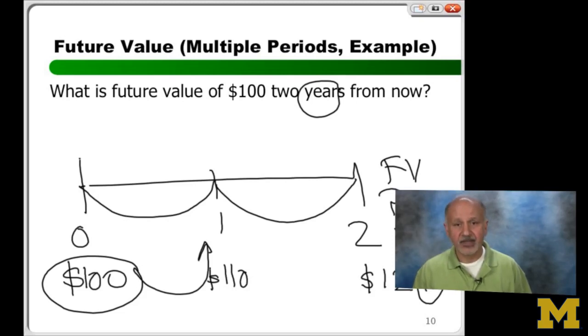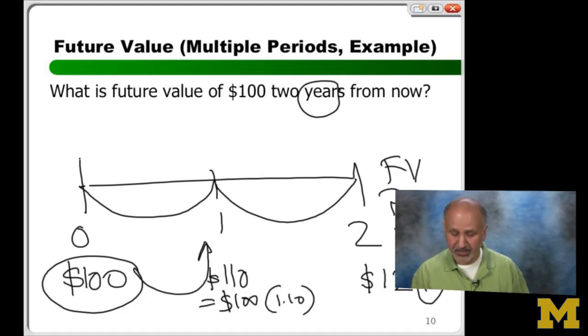We know this is 110. Why? Because this was 100 times 1.1. So you don't need the formula to do this, hopefully, but we could do it in our heads. But now notice what has happened. I can use the same 1 period concept to move 1 period forward.